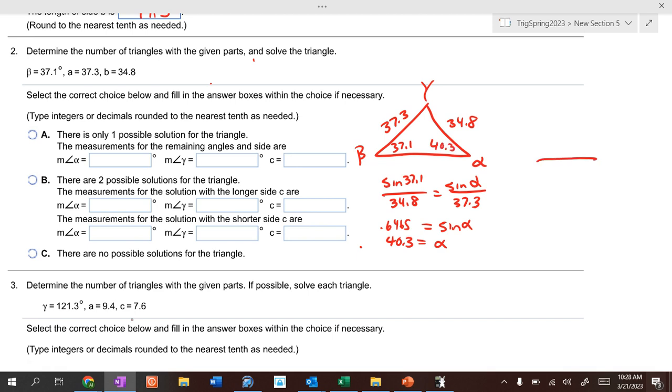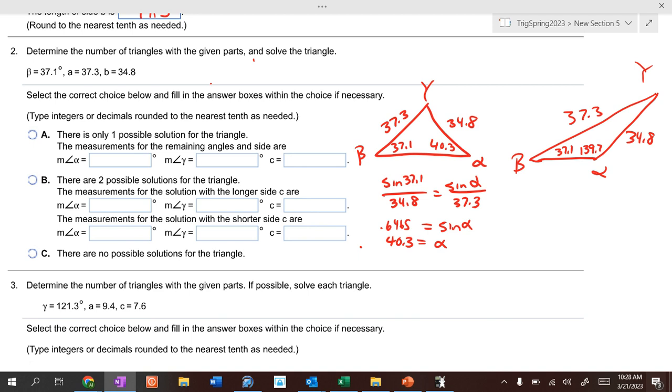Then, what we do is draw an obtuse triangle with beta, gamma, alpha. 180 minus 40.3 is 139.7. And this is 37.1. And this is 34.8, 37.3. Okay?